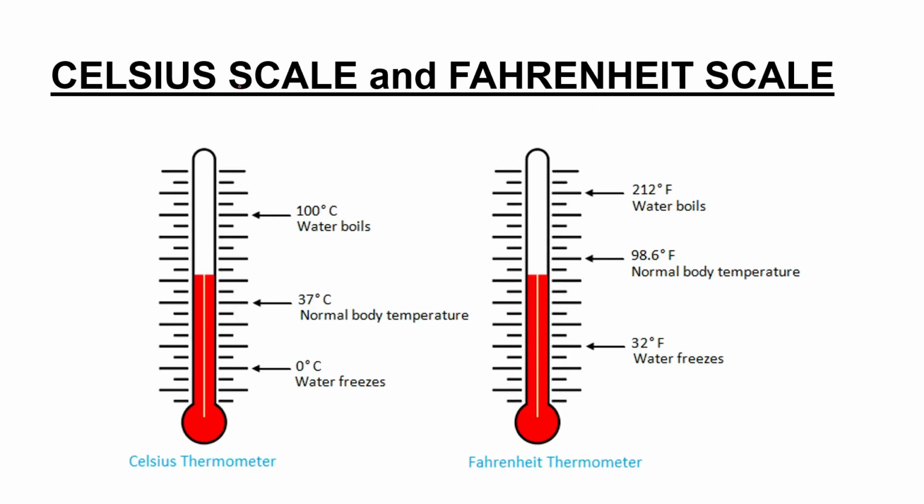So this is the difference between a Celsius scale and a Fahrenheit scale. Here the water boils at 100 degrees Celsius, the normal body temperature is 37 degrees Celsius, and water freezes at 0 degrees Celsius. Here water freezes at 32 degrees Fahrenheit, normal body temperature is 98.6 Fahrenheit, and water boils at 212 degrees Fahrenheit. This is the difference.